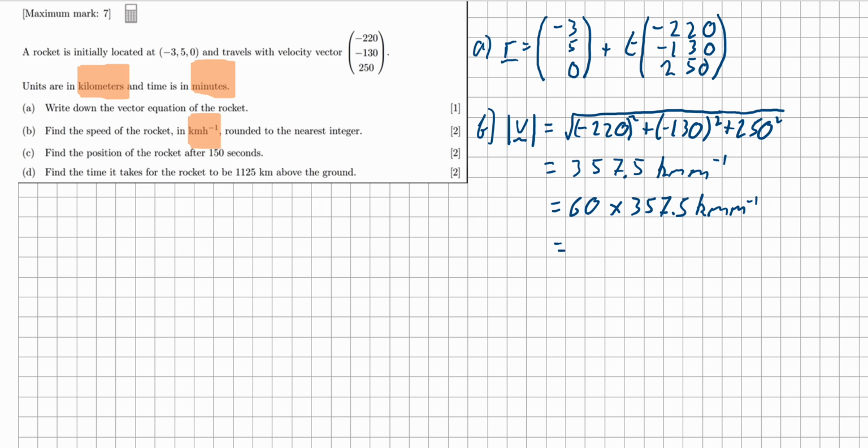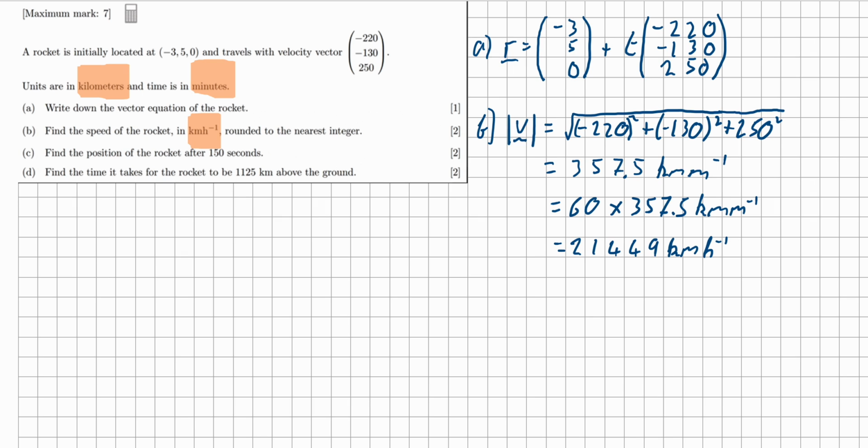And it says to the nearest integer, so we get 21449 km per hour.